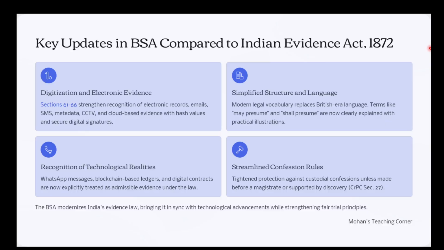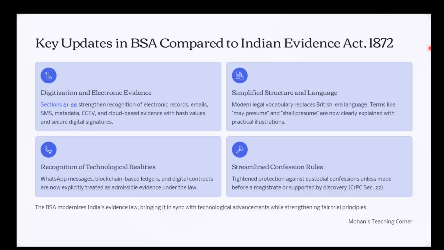So, key updates in the Bharatiya Sakshya Adhiniyam, compared to the Indian Evidence Act 1872. It is a comparison between the BSA and the Evidence Act 1872. So, one is digitalization and electronic evidence.